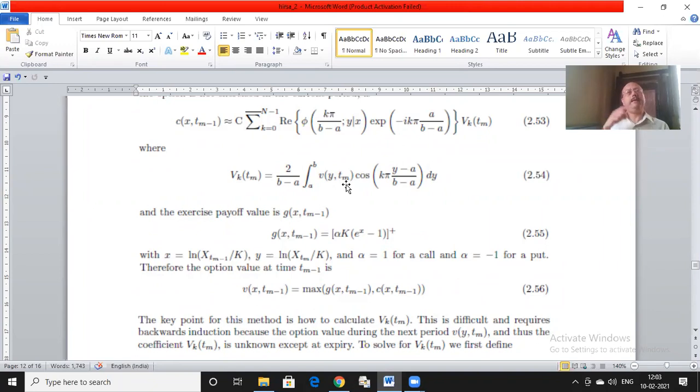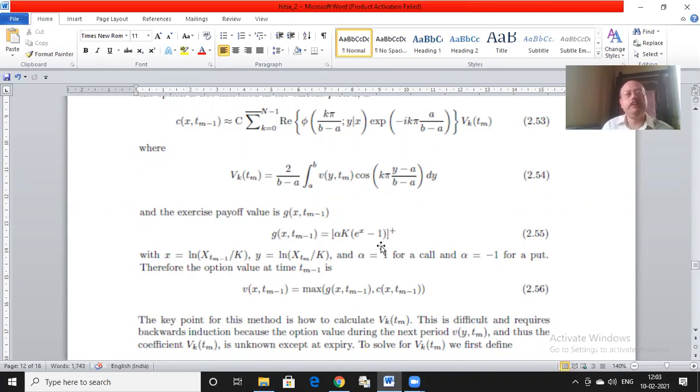As I said, I have two alternative decisions, two alternative moves at the node Tm. I can either continue or I can exercise immediately. If I exercise immediately, my exercise payoff will be given by the usual formula.